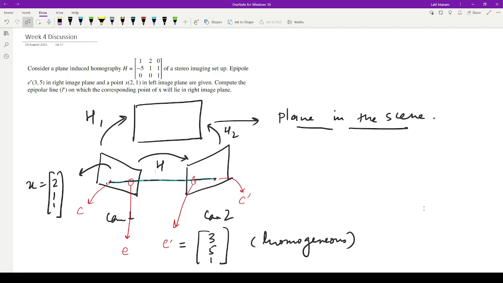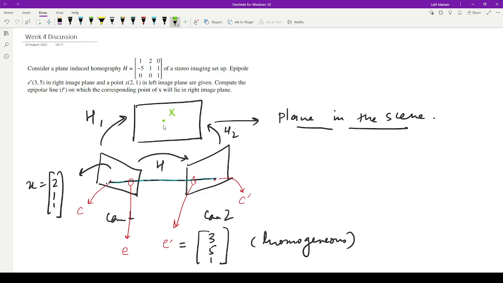It is the line joining the epipole to the image of the point X. That will be the epipolar line. You are right, by the way. I will give you a geometric interpretation.